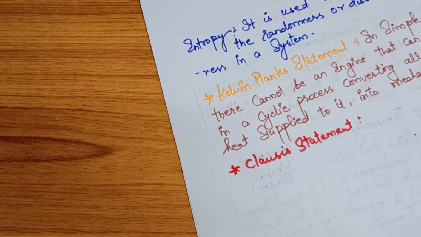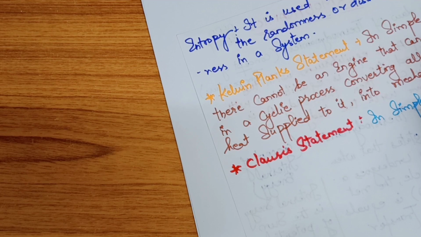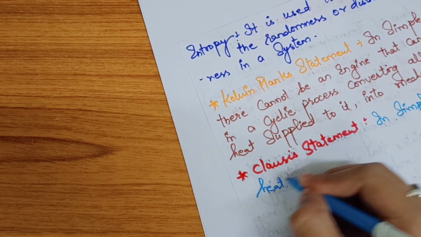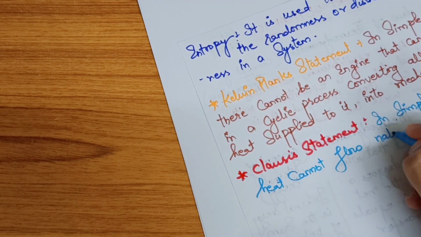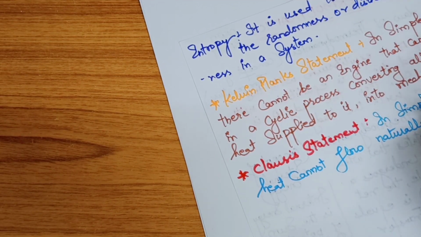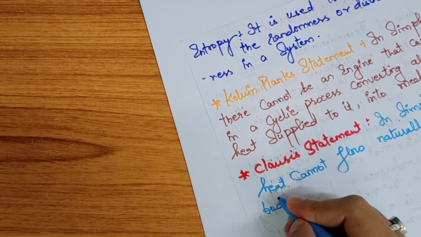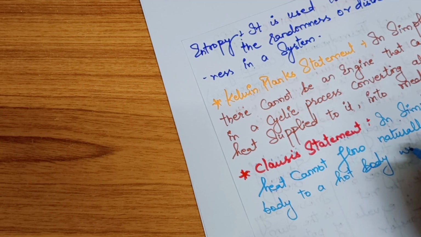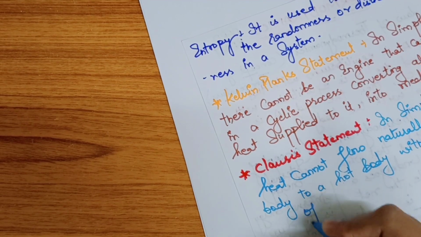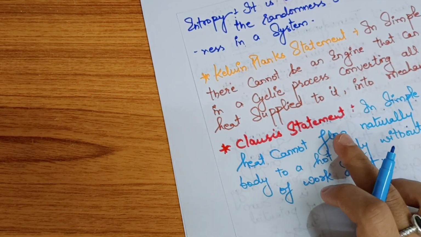In simple words, heat cannot flow naturally from a cold body to a hot body without the help of work input. So this is the Clausius statement.